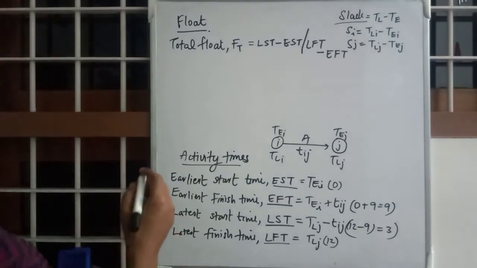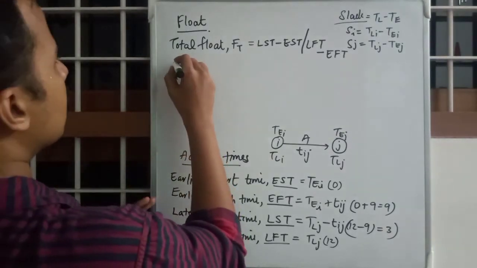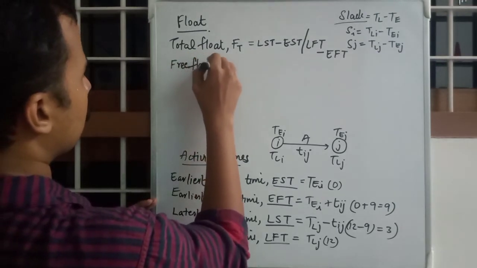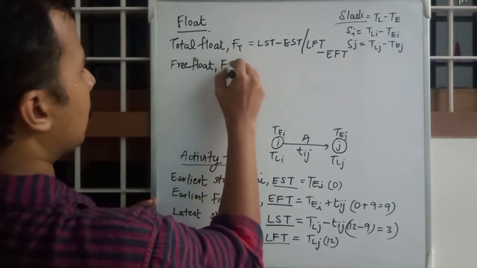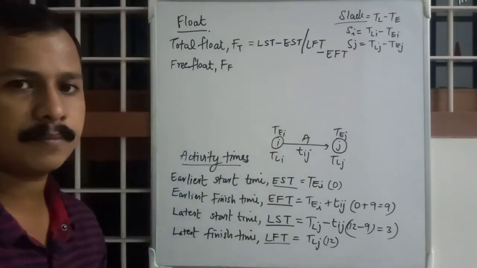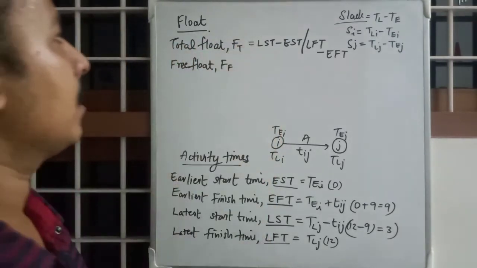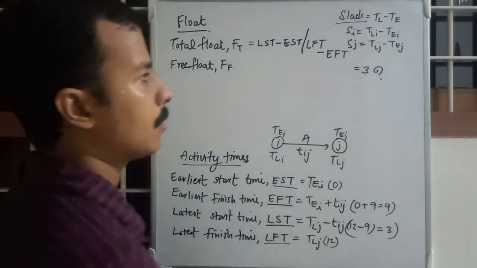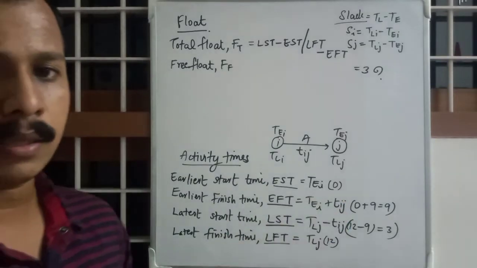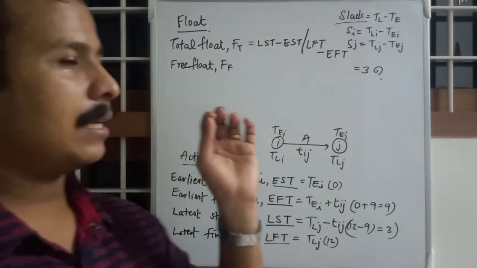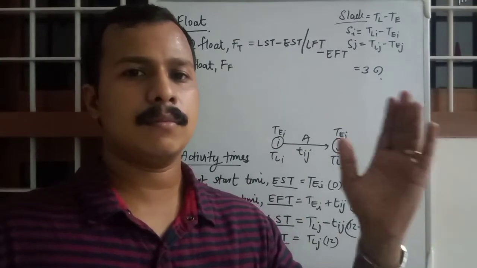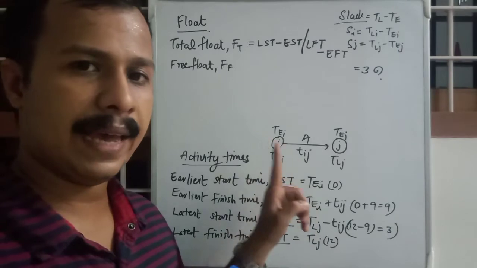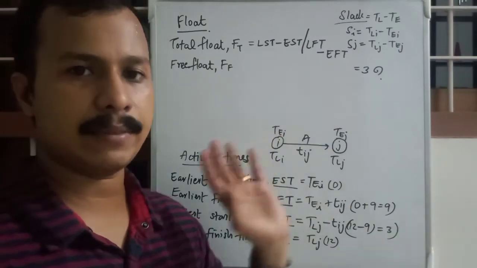Okay, and the next one is free float, that is FF. Okay, so for example, suppose you get 3 as total float, as in this example. That means the total project duration will not be affected if this particular activity is delayed by 3.